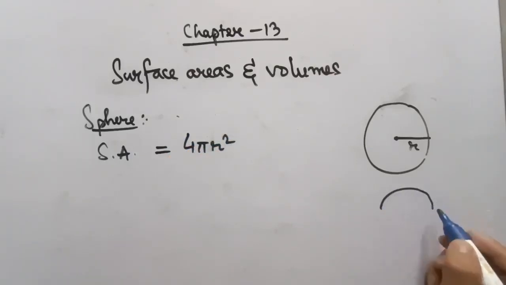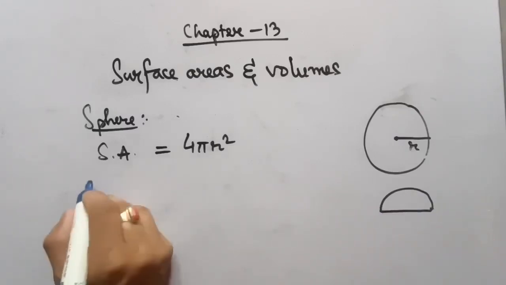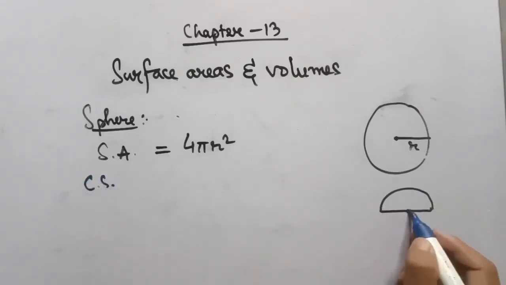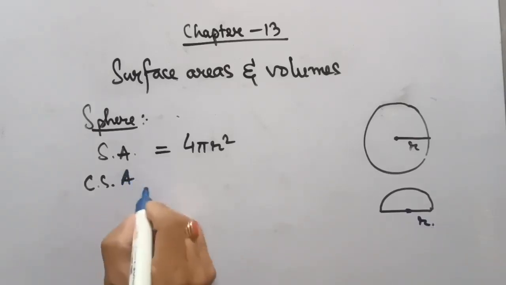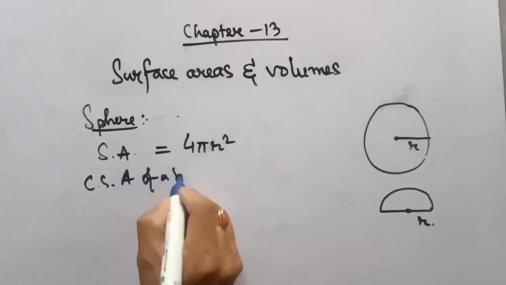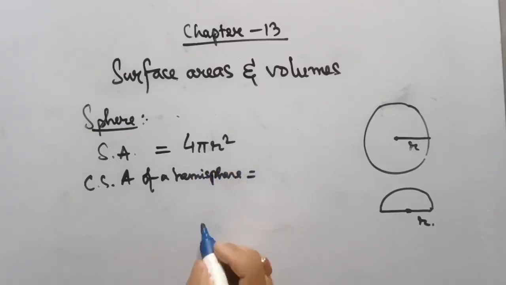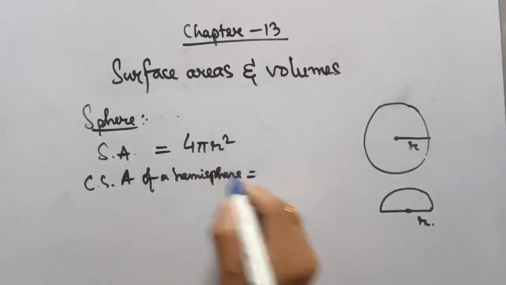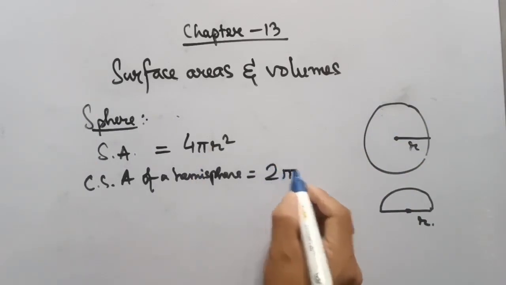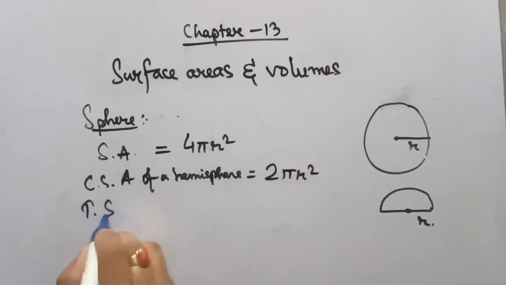And if we consider half of a sphere, that is hemisphere, the curved surface area of a hemisphere will be half of the surface area of a whole sphere. That is, this will be 2 pi r square.